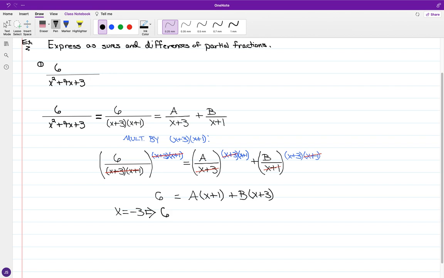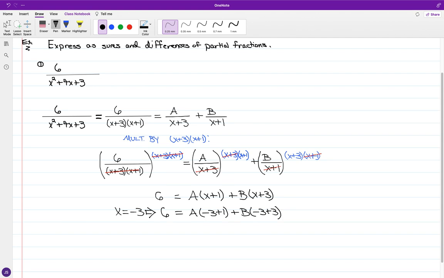Starting out, we have that 6 is equal to a times the quantity of -3 plus 1, plus b times the quantity of -3 plus 3.